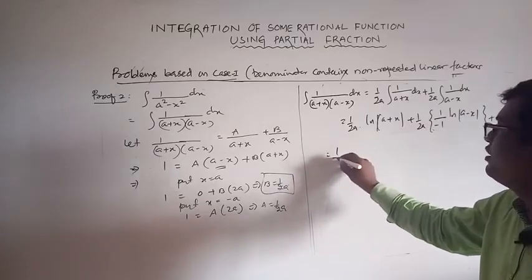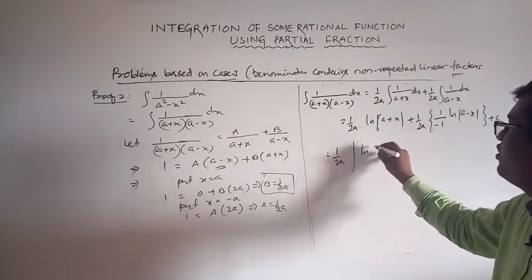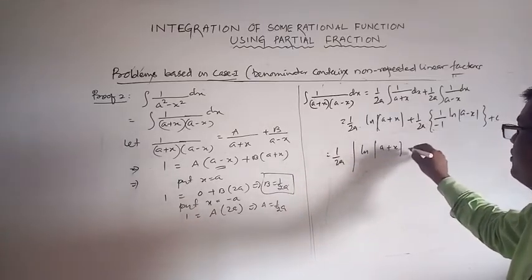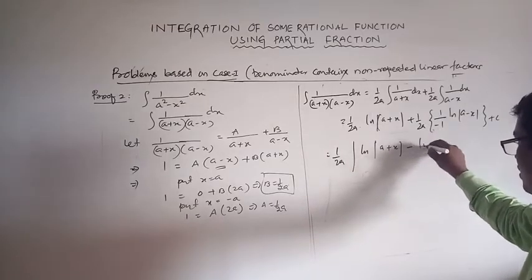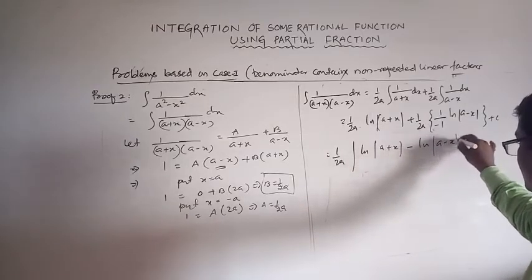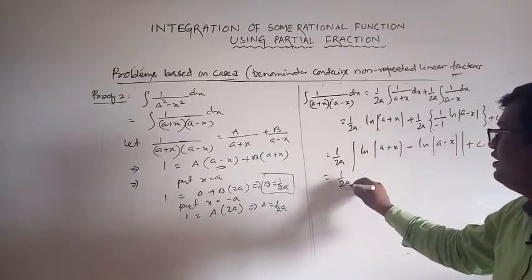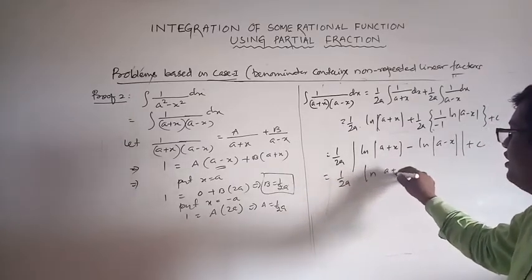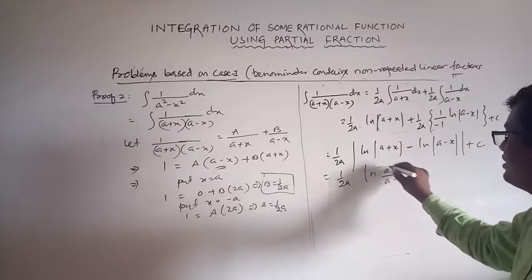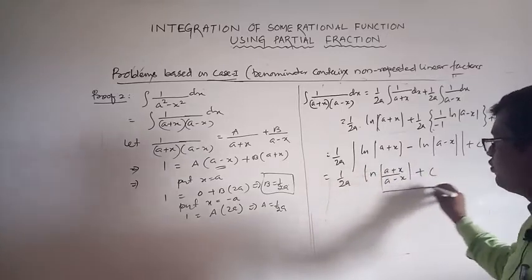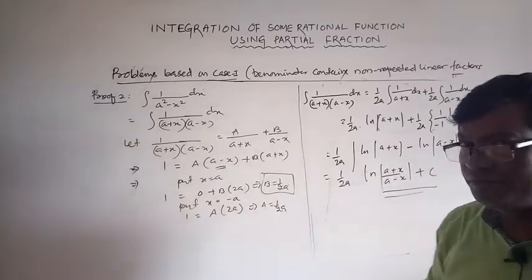So 1 by 2a common, log of a plus x minus log of a minus x plus c, which is equal to 1 by 2a log of a plus x by a minus x plus c. This is the proof of the second formula.